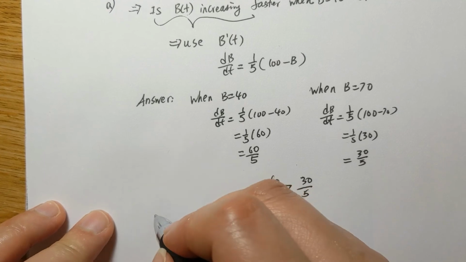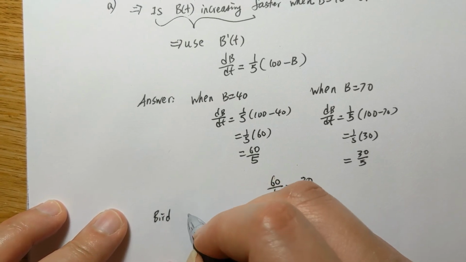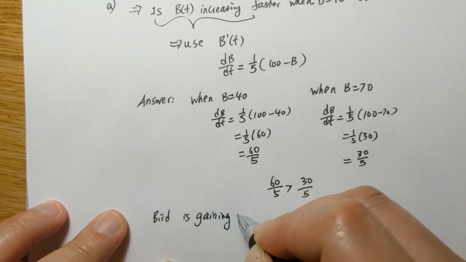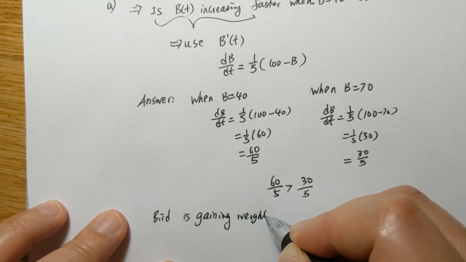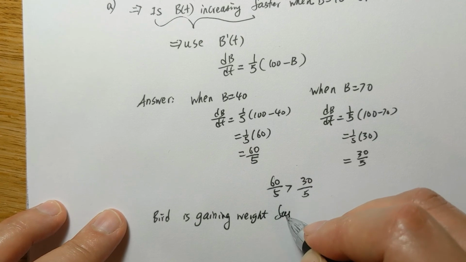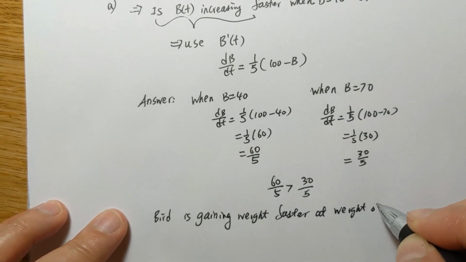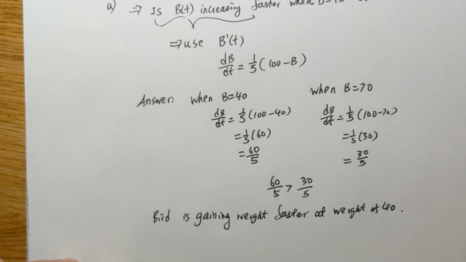So now our conclusion is the bird is gaining weight faster at a weight of 40. So we finished part A.